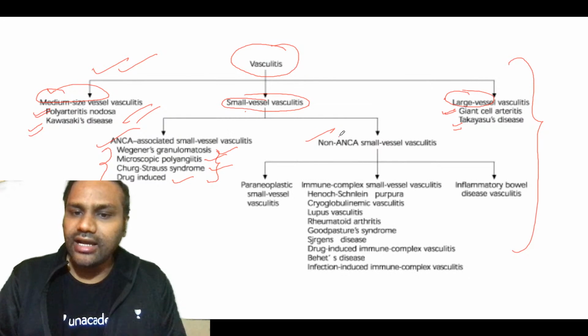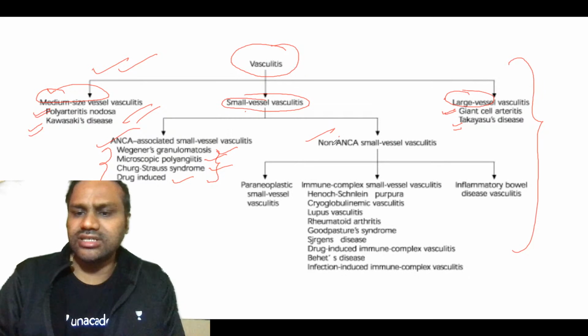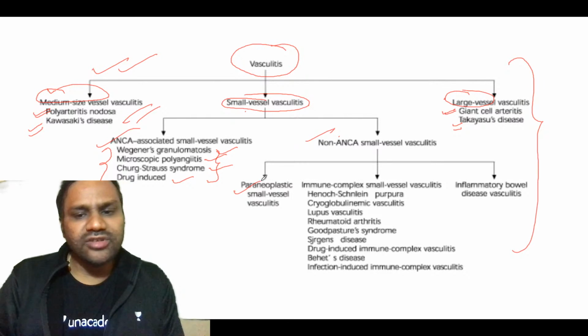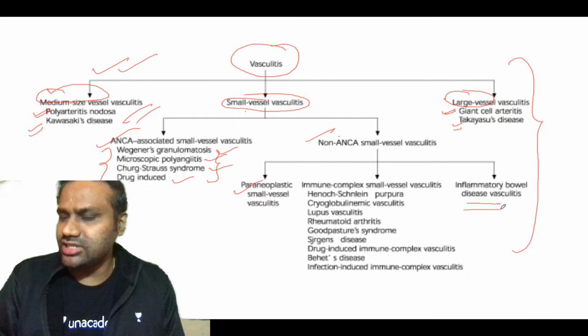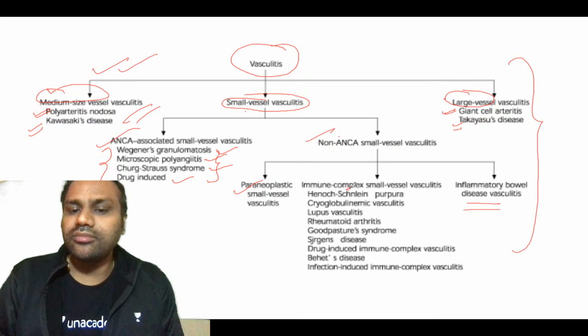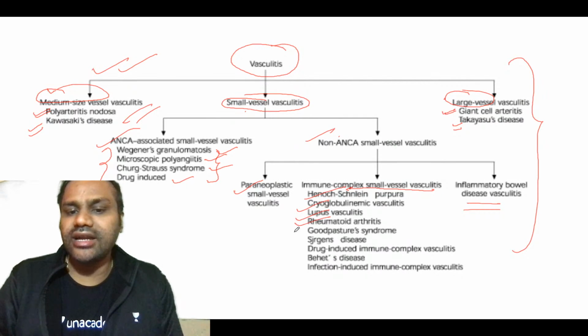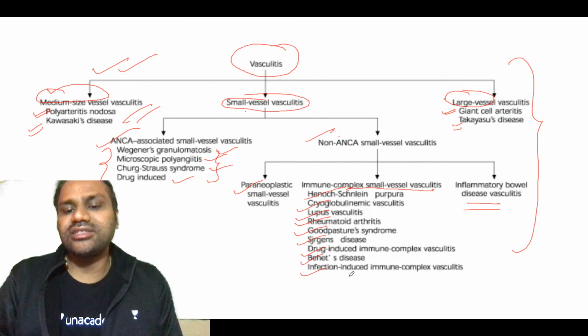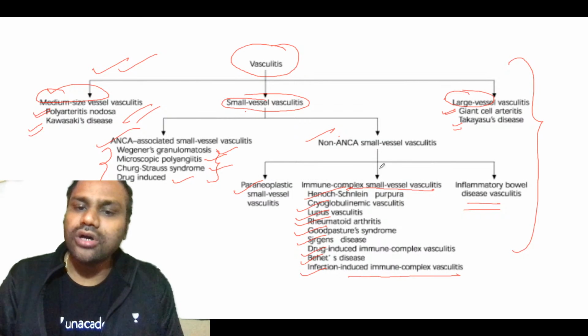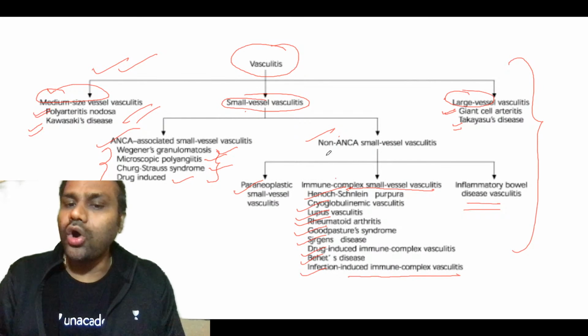In non-ANCA associated you have many diseases like paraneoplastic small vessel vasculitis, inflammatory bowel disease vasculitis, and immune complex small vessel vasculitis like HSP, cryoglobulinemia, lupus vasculitis, rheumatoid arthritis, Goodpasture syndrome, Sjogren disease, drug-induced immune complex vasculitis, Behçet's disease, and infection-induced immune complex vasculitis. These all are non-ANCA associated.